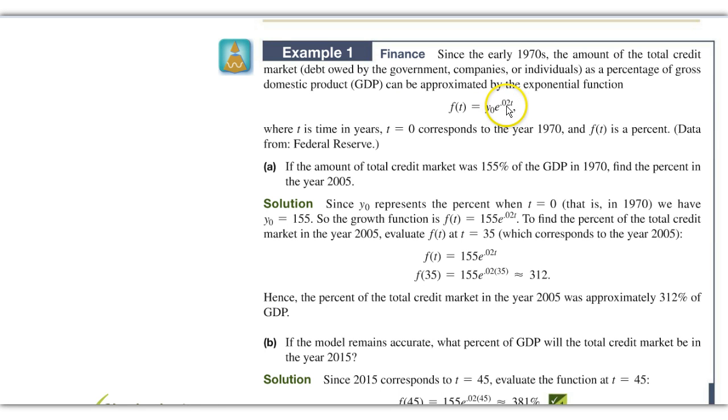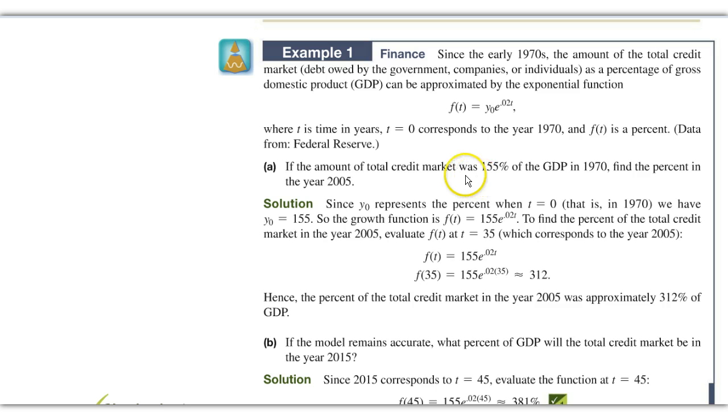Now, since this is greater than 0, this will indicate some growth. The year we're starting with here, they're indicating, is 1970. And the amount at the start, the y sub 0, is going to be 155% of the GDP in 1970.